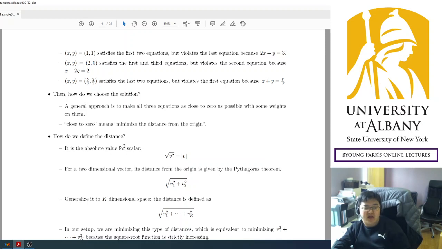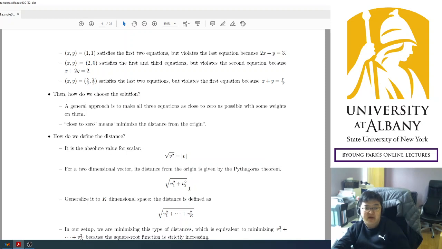So when you have a scalar, the distance is defined by the absolute value. But the absolute value can also be written in this form. They are mathematically the same thing. And when you have a two-dimensional vector, the distance can be written in this way.